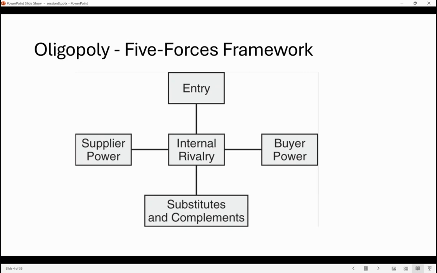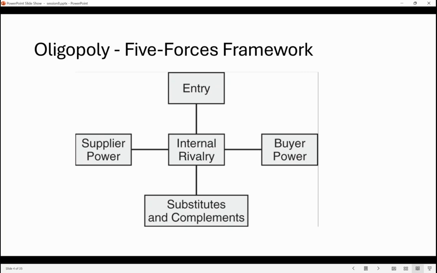And then the other dimension that could determine a market is substitutes and complements. What are the substitute goods? What are the complement markets? What's the market structure in the substitute industries? What's the market structure in complement industries? That would determine a market to be perfect competition, monopoly, or oligopoly.